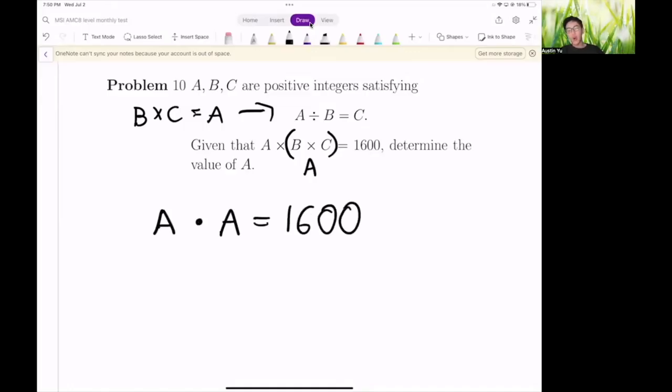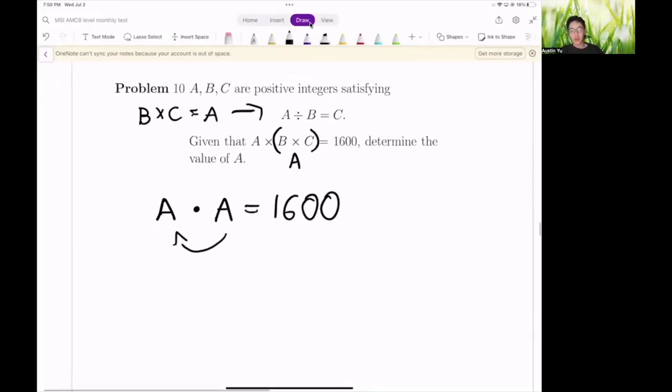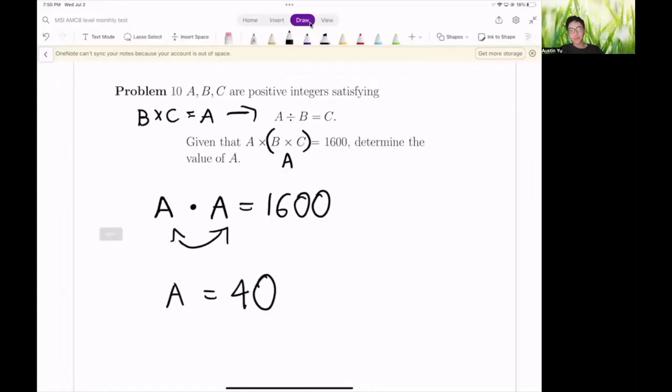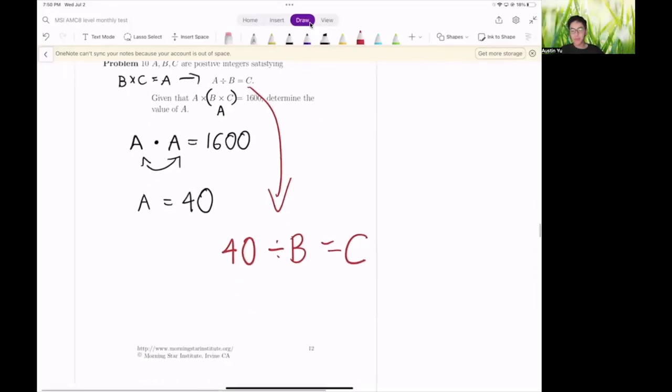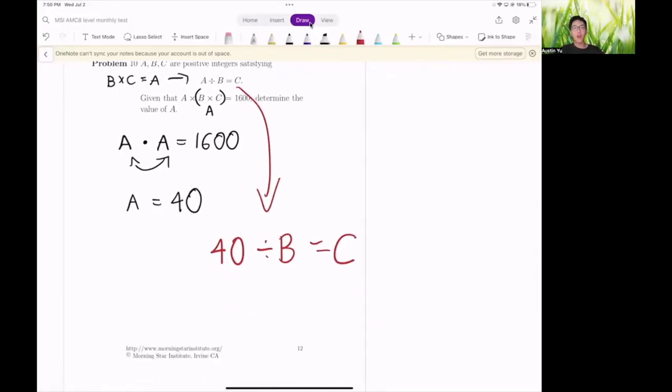And the only way to make this work, because remember, these two have to be equal, is if A equals 40. And if A equals 40, then we immediately rewrite the problem on the top as 40 divided by B equals C. And the only way that we can possibly plug in numbers for B and C and multiply A, B, and C together to 1600 would be if we made B 20.